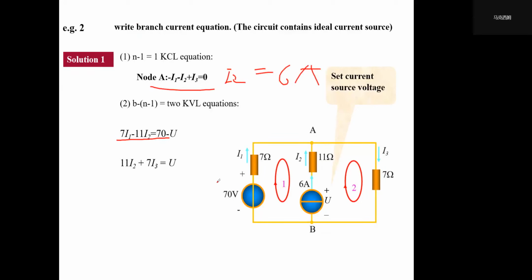Now we have 3 equations with 4 unknown variables. We also know that this U is an unknown variable. So in order to solve this, we have to add this information here.